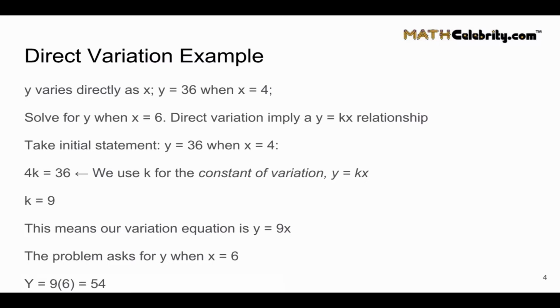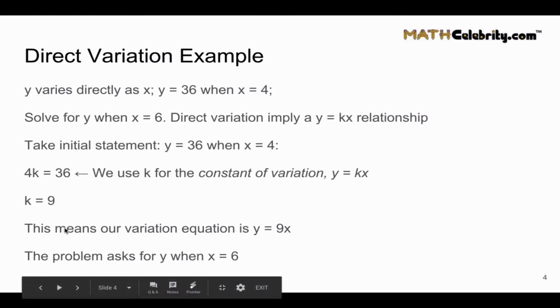Now we're going to take that and move to the second part of this problem. The problem asks for y when x equals 6. Remember, y equals kx is our direct variation function, and we know k is 9. So we have y equals kx, with k as 9 and x as 6.